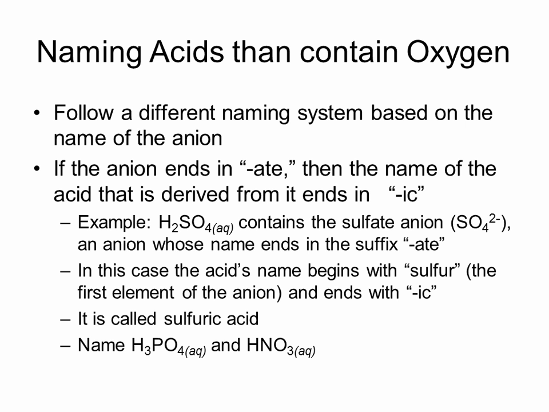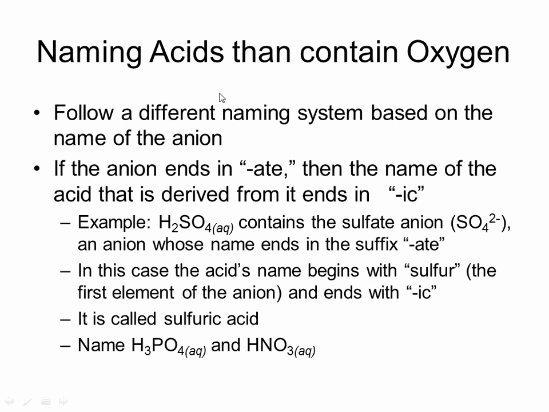If we look at H2SO4, this contains the sulfate anion, SO4 2-, an anion whose name ends in the suffix -ate. In this case, the acid's name begins with sulfur, and we end in -ic. So we would call that sulfuric acid. You have a couple other examples there of H3PO4 and HNO3.